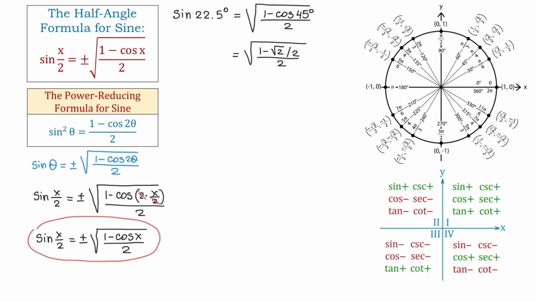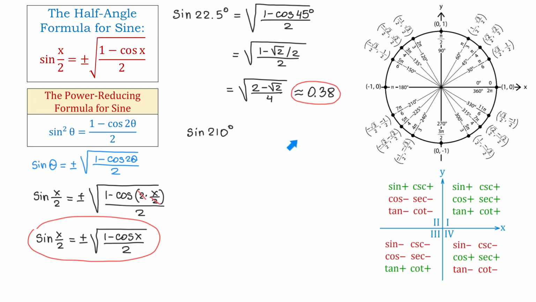And after a few more steps, we will have square root of (2 minus square root of 2) over 4. And this is approximately 0.38.